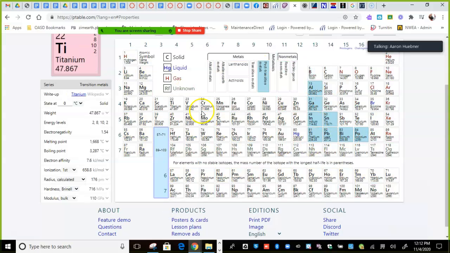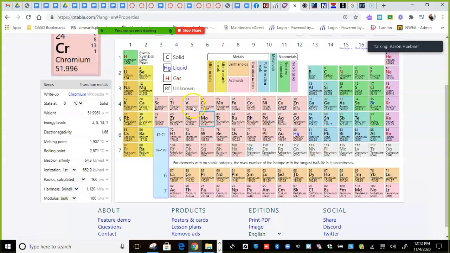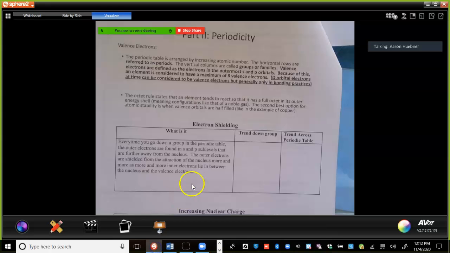So right here is the periodic table, and we're talking about electron shielding, being basically the repulsion of the inner electrons pushing away the outer electrons. So I'm going to draw a little picture of that. For electron shielding, we've got the big N for nucleus, and we've got the inner electrons.